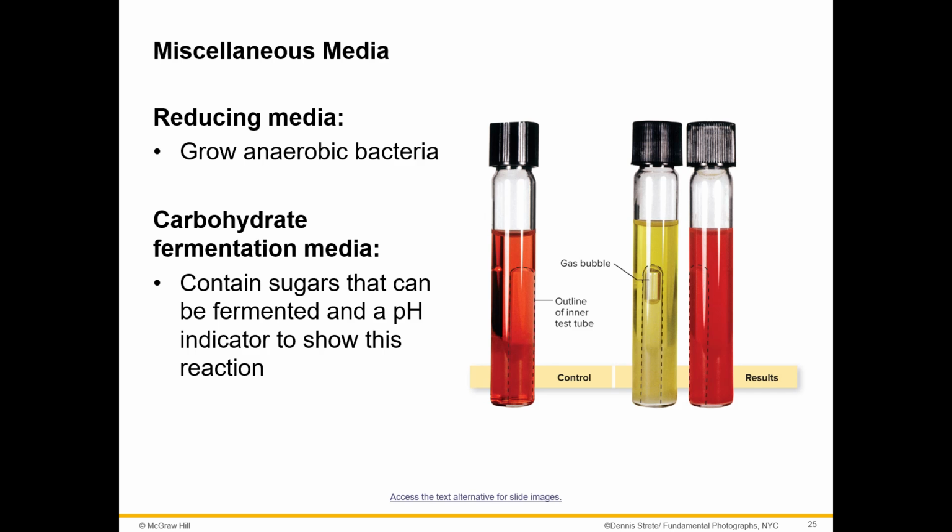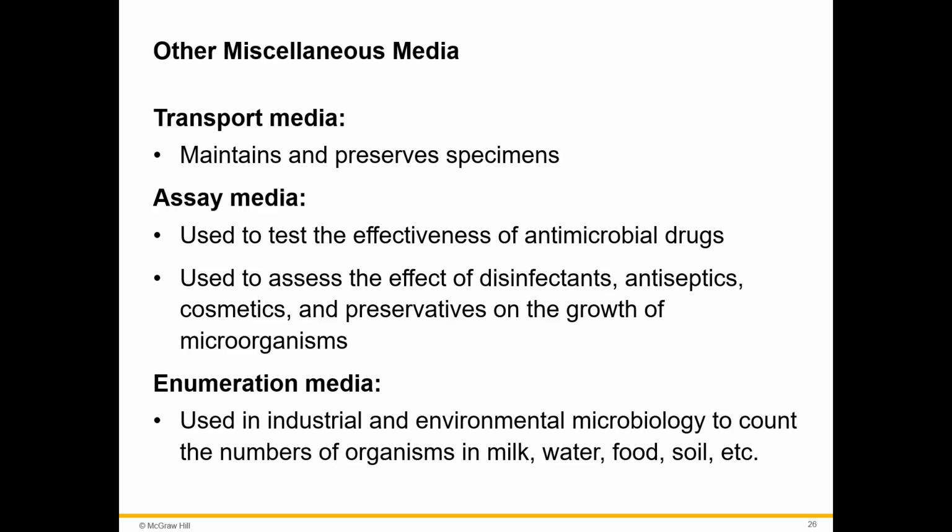Reducing media is used to grow anaerobic bacteria. Carbohydrate fermentation media allows us to determine which sugars the microorganism can utilize, and this is all for reporting characteristics for diagnostic purposes. Transport media allows us to transport microorganisms.